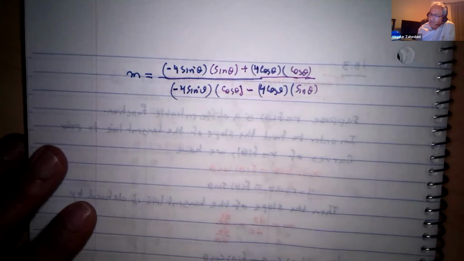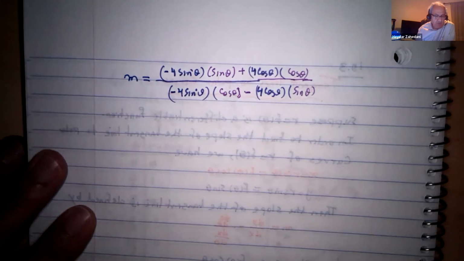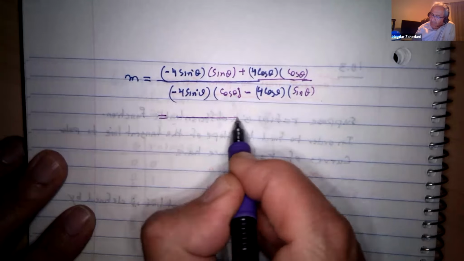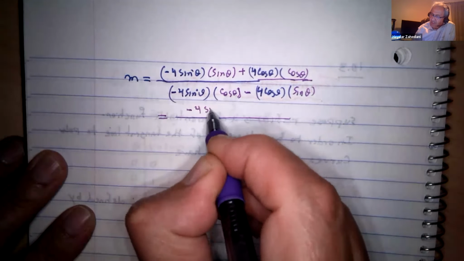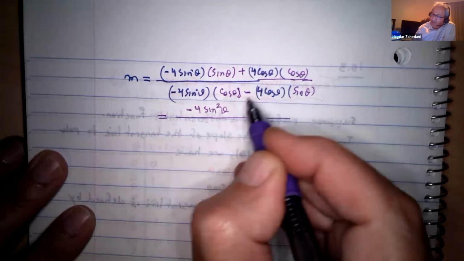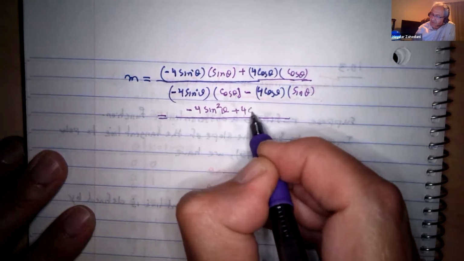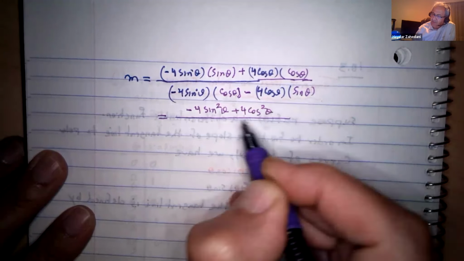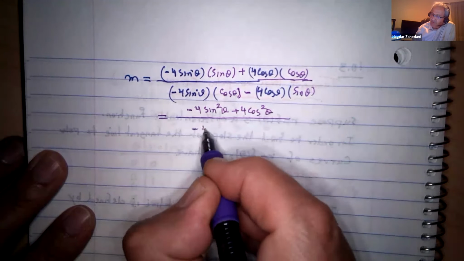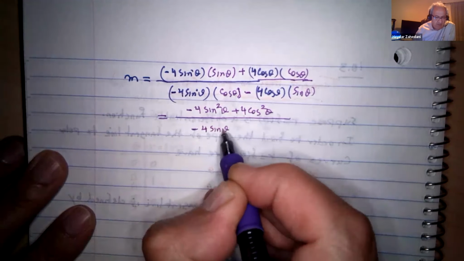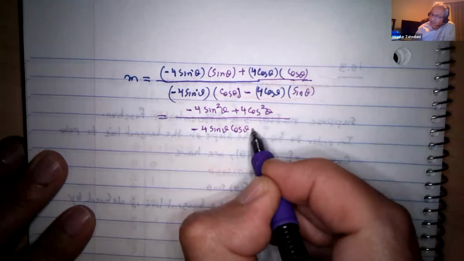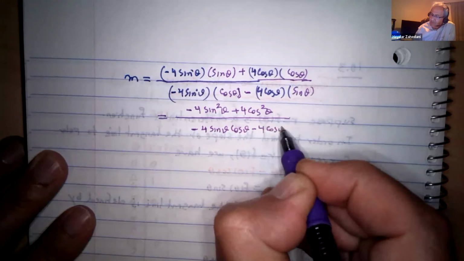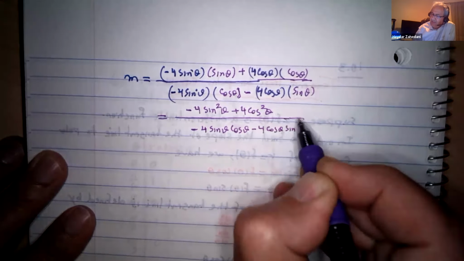You can simplify it if you like and then substitute, or just substitute right away. I'll just show you how to simplify it. The top is going to be negative 4 sine squared of theta plus 4 cosine squared of theta. The bottom one would be negative 4 sine theta cosine theta, and again negative 4 cosine theta sine theta.